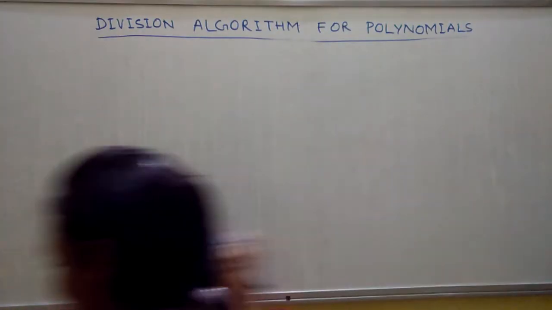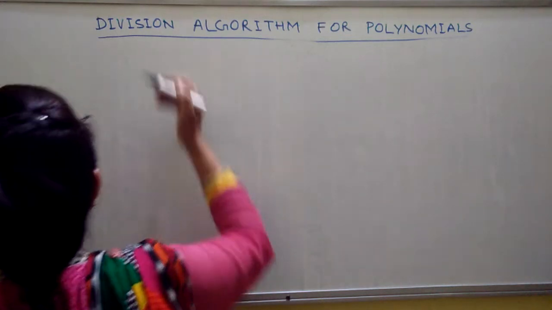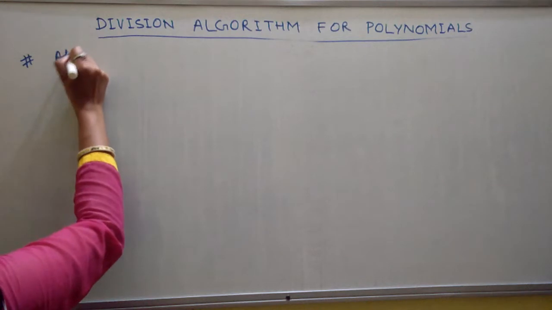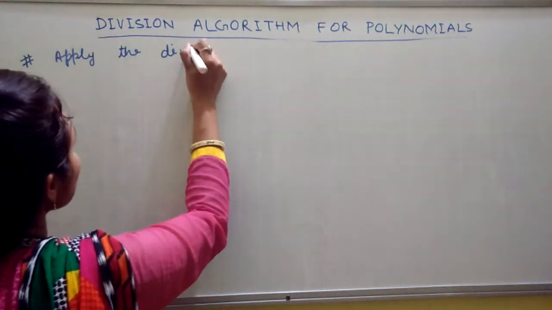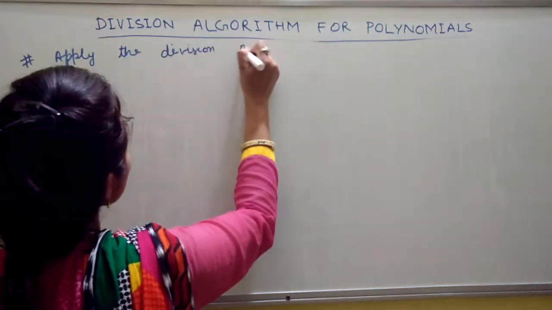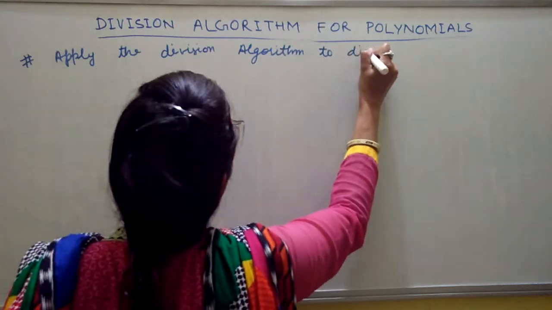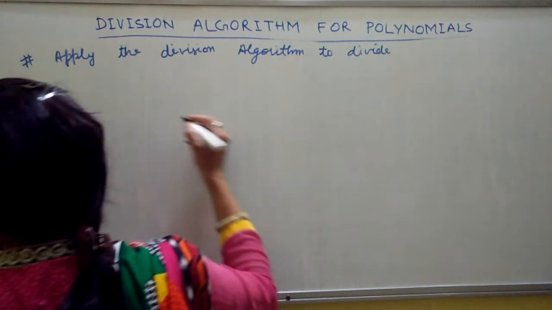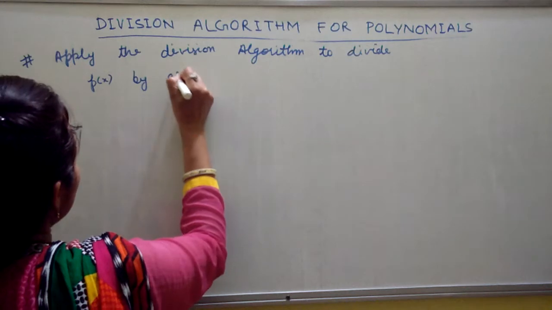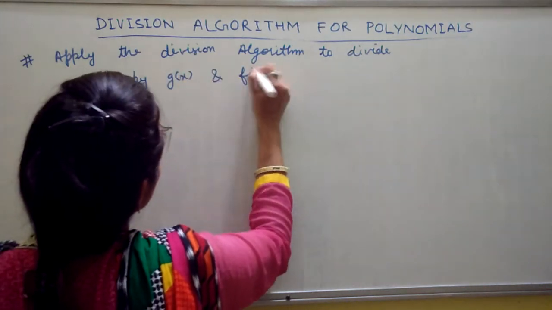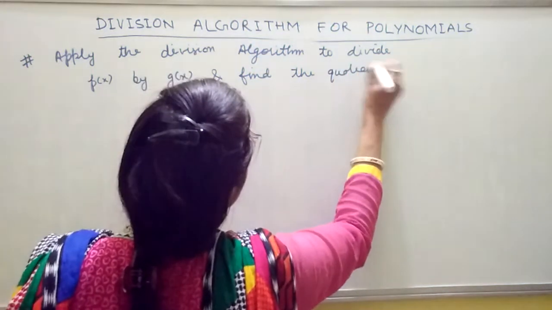The question is given as: apply the division algorithm to divide P(x) by G(x) and find the quotient and remainder.